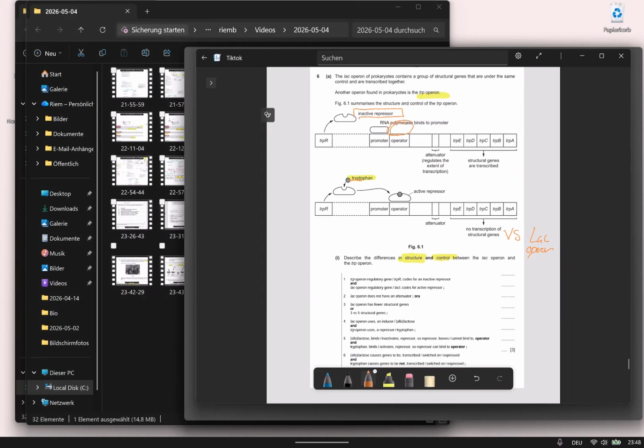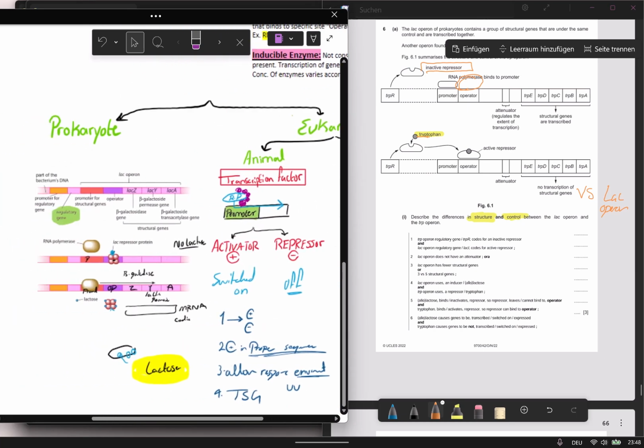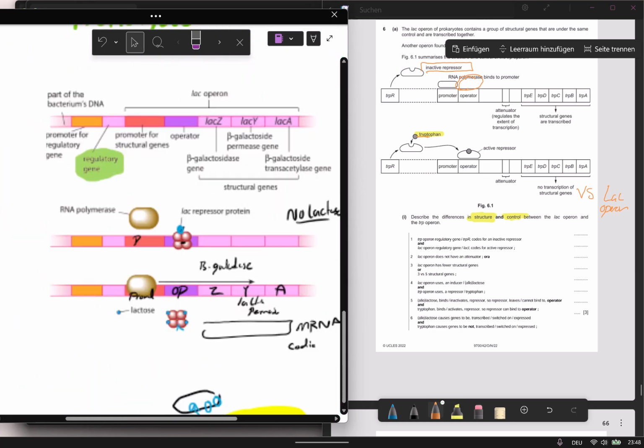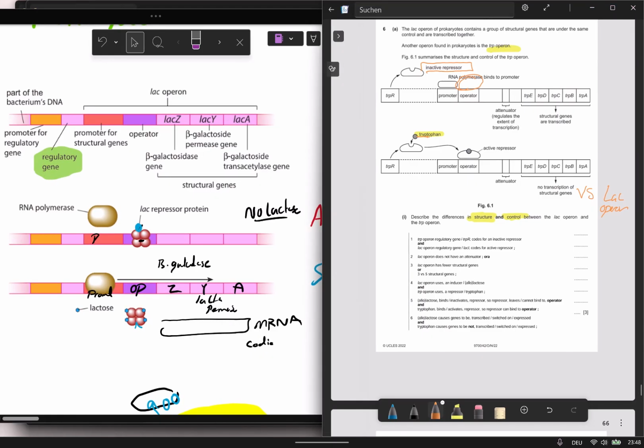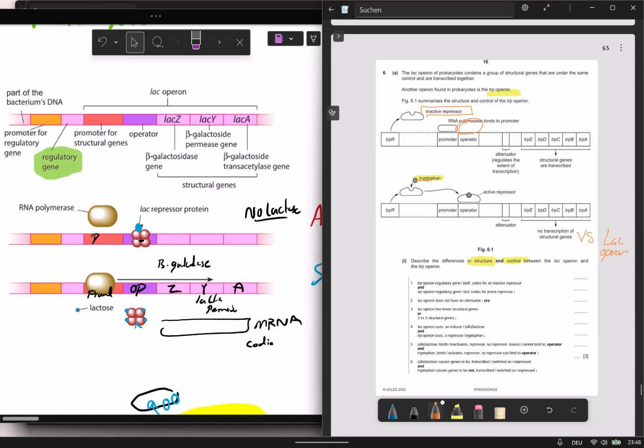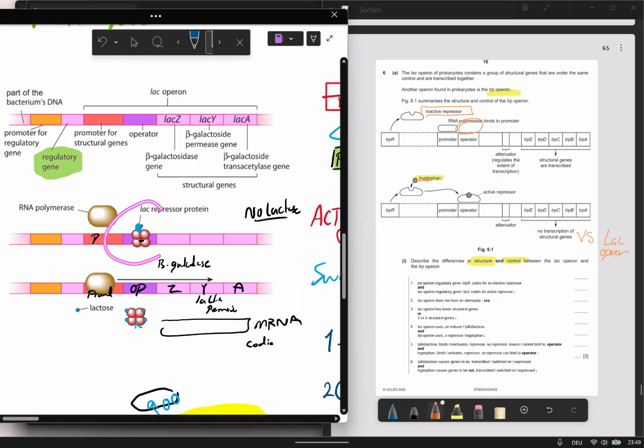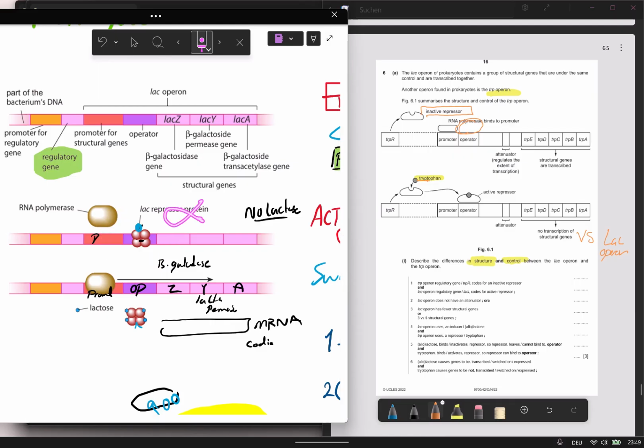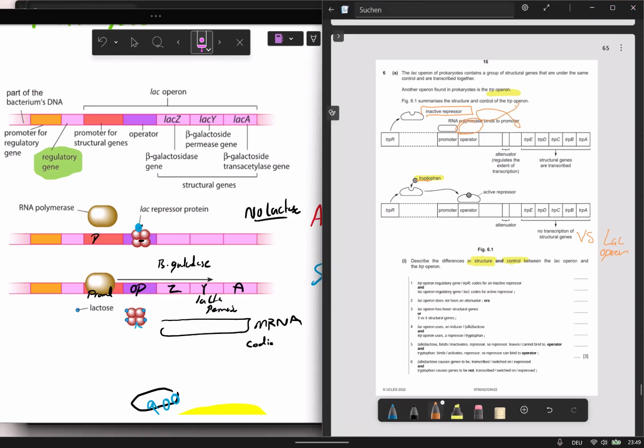We can get the lac operon in comparison, so we can easily compare. So here we have the lac operon versus the trp operon. So here, as we said, it's normally active, like it's already bound to the operator. While here, when there is no lactose, okay. While here, if there's no inducer, it's inactive. So this is the first thing.